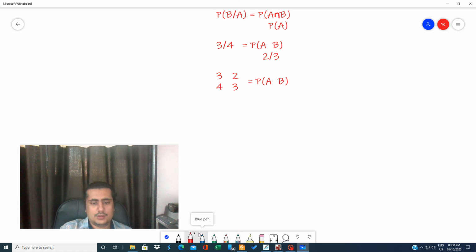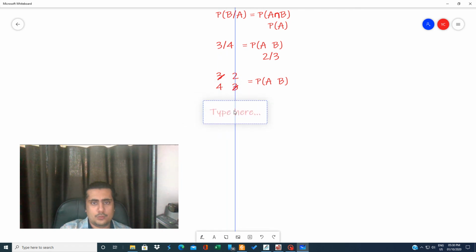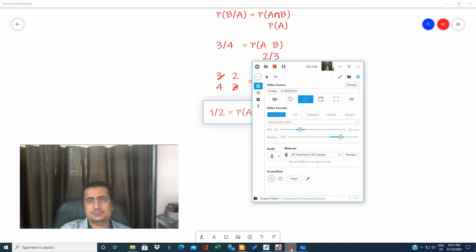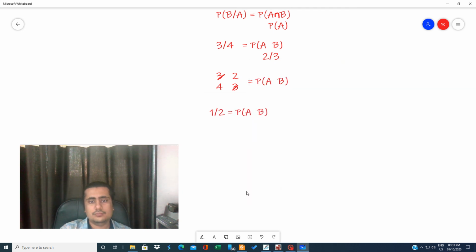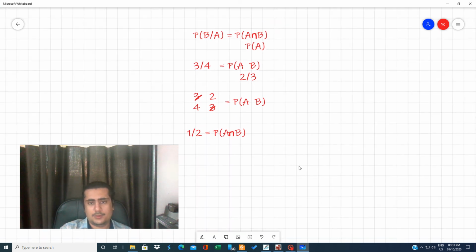The 3s cut. Now 2 by 4 is 1 by 2. 1 by 2 is the value of A intersection B. Yes, this is P of A intersection B.